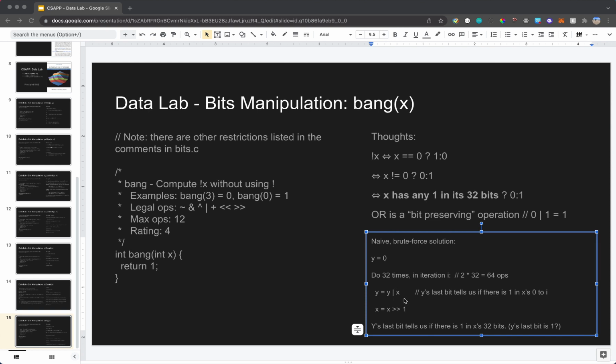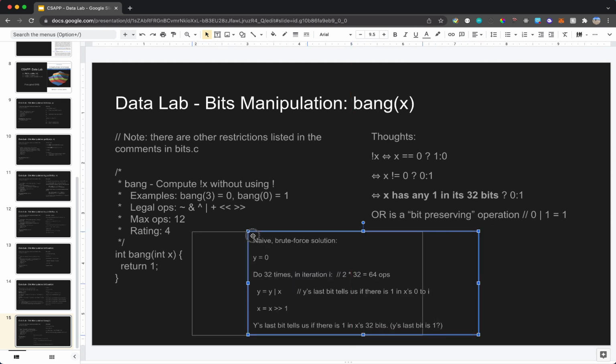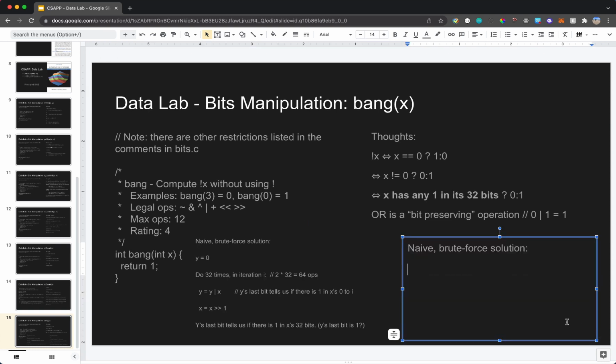We are essentially wasting the other 31 bits of processing in each iteration. So how do we do more than 1 bit every time? Let's start with an actual example of 1 here. Okay, let me copy paste this, and let's call this an improved solution.